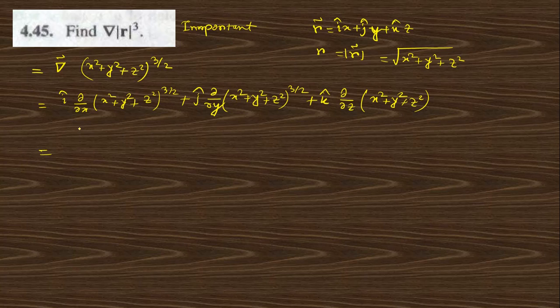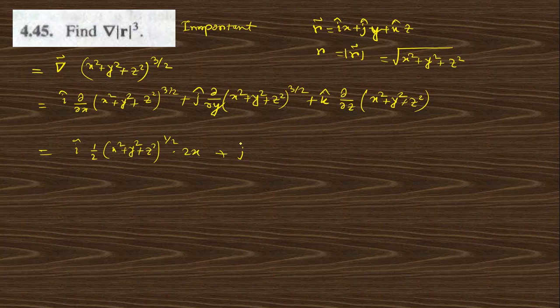Okay, so if we partially differentiate this with respect to x, we get 3 by 2 minus 1, that is half, x square plus y square plus z square whole to the power half, and the derivative of x square is 2x.